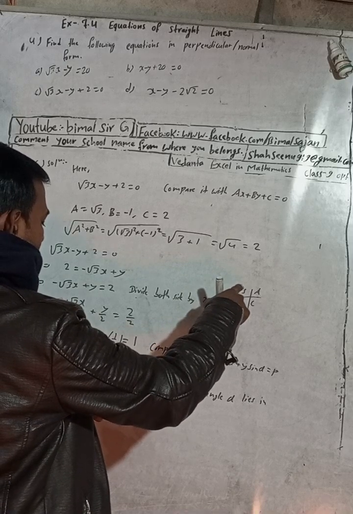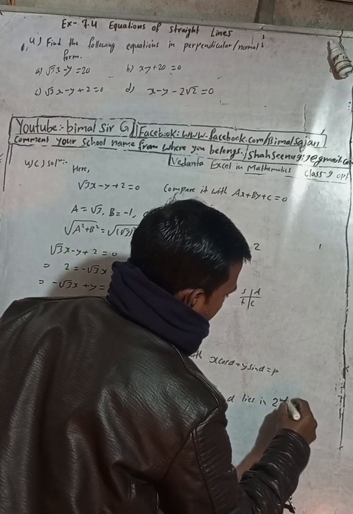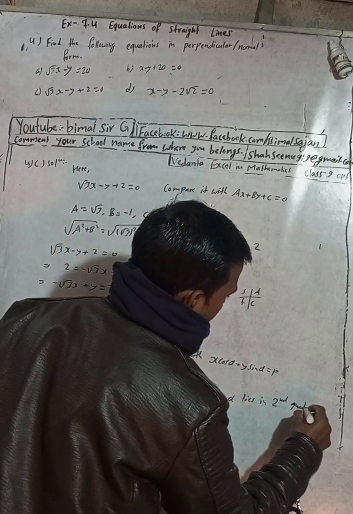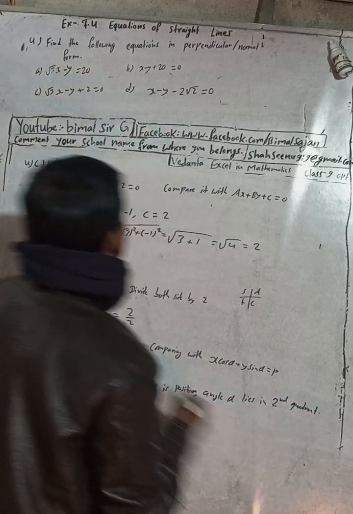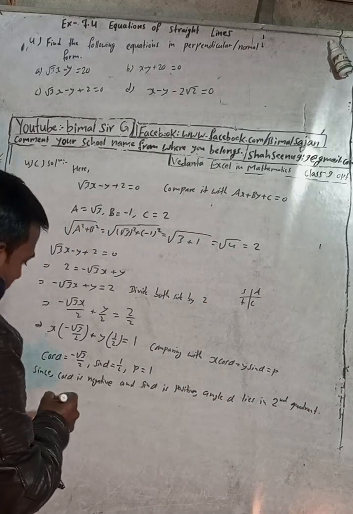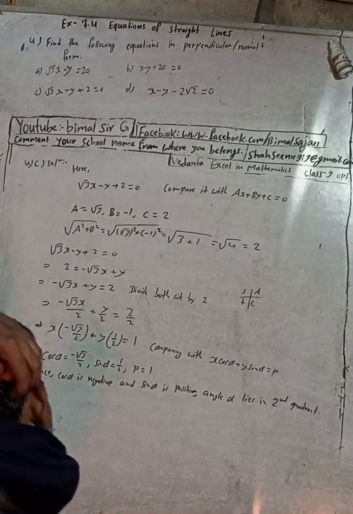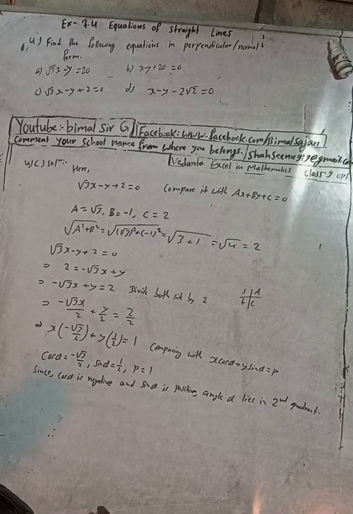So alpha lies in the second quadrant. Now you can write that cos alpha is negative and sin alpha is positive.